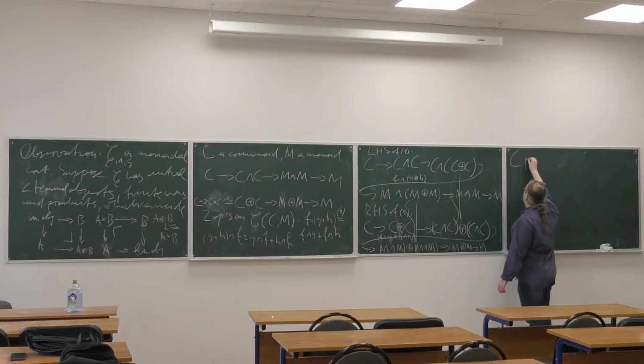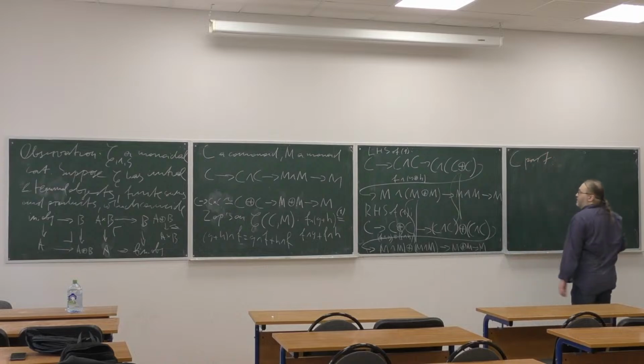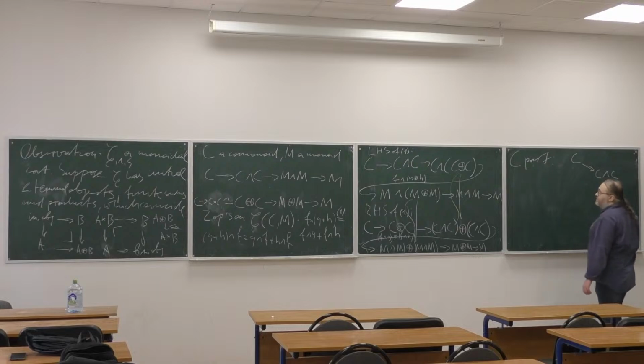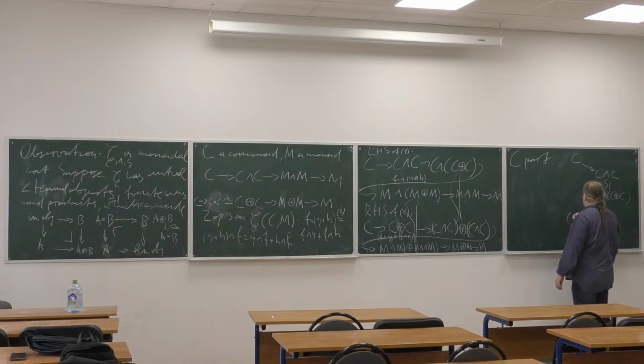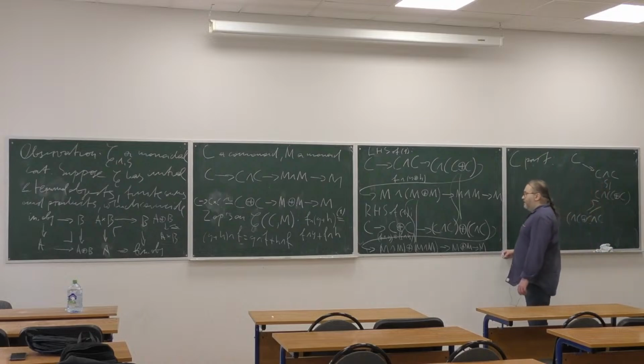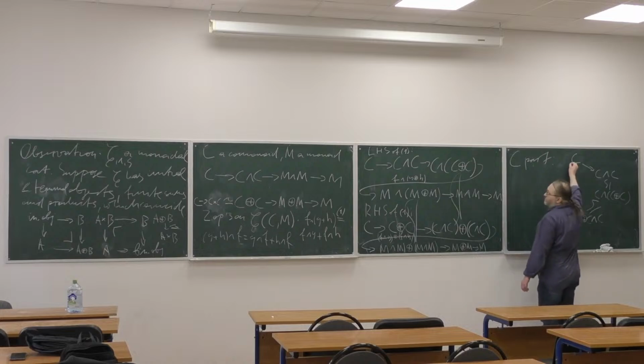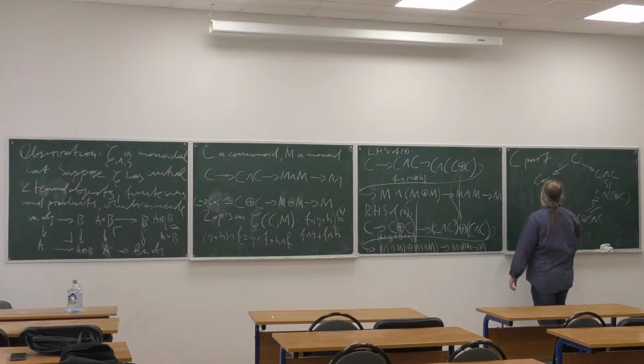Well, let's start with the C part. I have C goes to C wedge C goes to C wedge C plus C. This is isomorphic to C wedge C plus C wedge C. And now, okay, I have a map from C to the product, C cross C, very well.